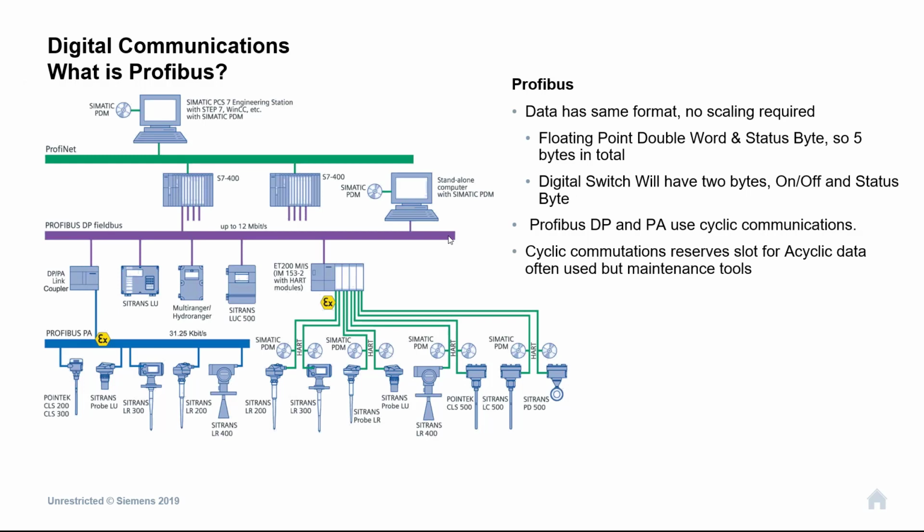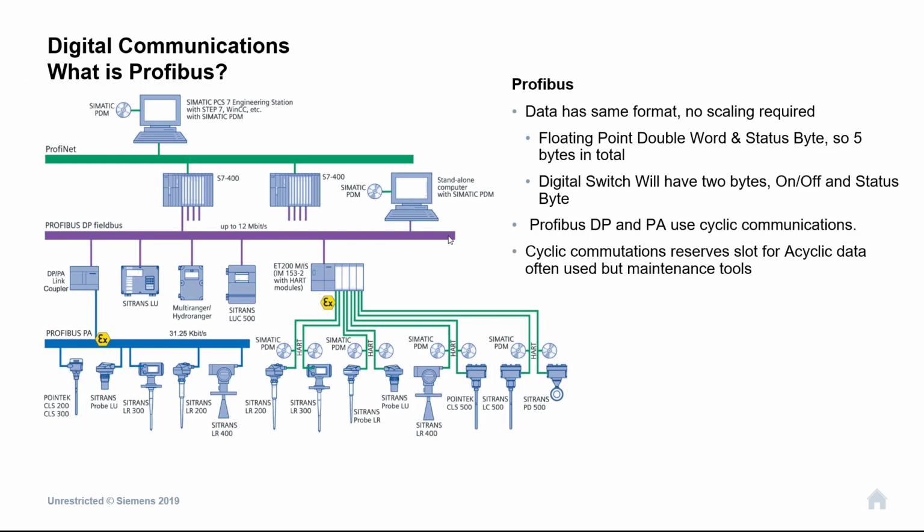Our communication software will carry on working with its cyclic data, but we need to diagnose what the error is in more detail using a maintenance station type tool, and we don't want that to interfere with the cyclic communication, because that is what's controlling your plant. This acyclic slot is where Somatic PDM will communicate to the device and get the diagnostic information.